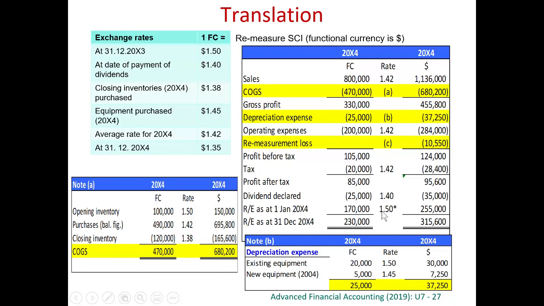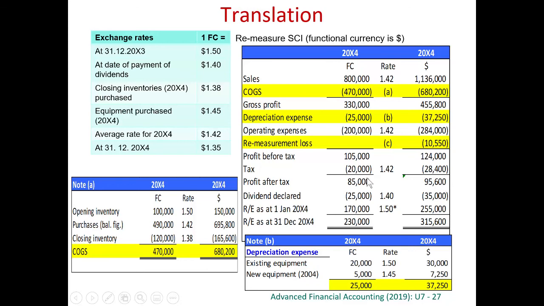We can use the exchange rate at the day of acquisition for the opening retained earnings, which is 1.5. And then we got the dividend. Dividends, we use the actual exchange rate. So this is 1.4. So all upward, you can get the profit after tax.